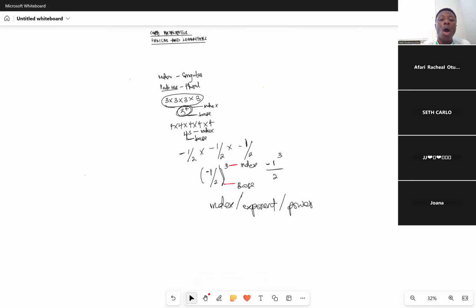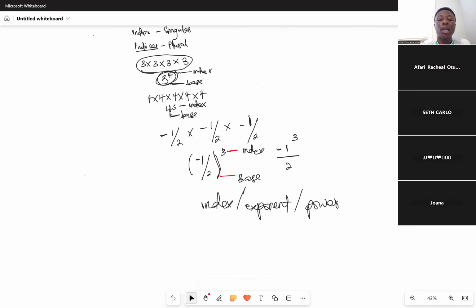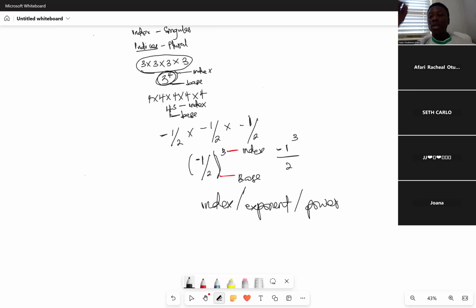Now, any number written in index form obeys certain rules. If you observe, with the problems we've been dealing with for a while now in mathematics, you meet numbers in their index form many a time, and they obey certain rules when it comes to addition, subtraction, and stuff like that.